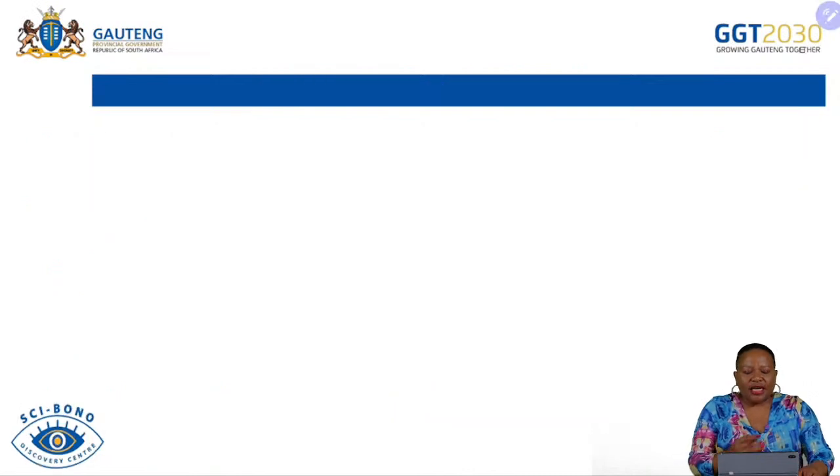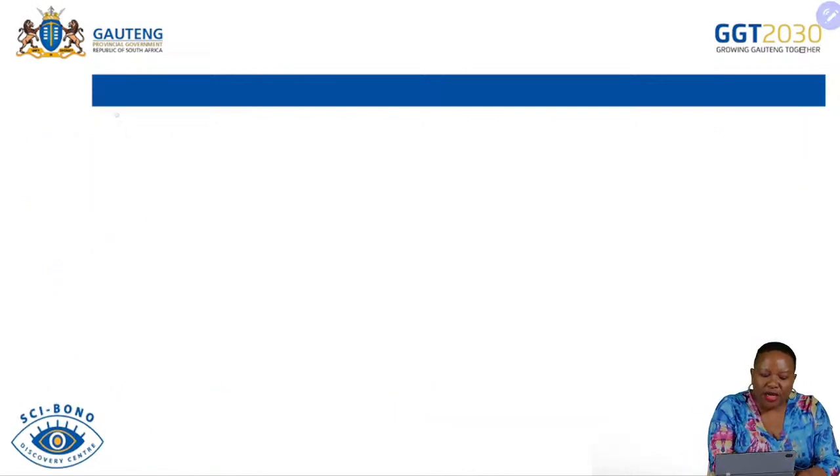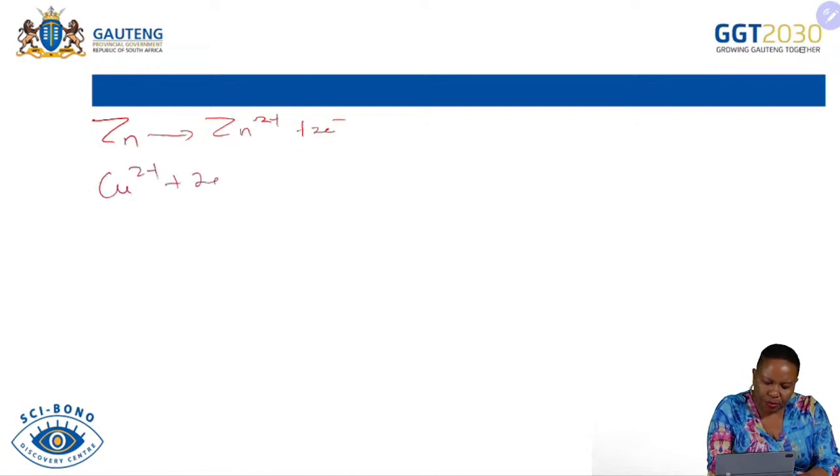So come on, think about it. You will see that the issue is about zinc and copper ions. So as zinc is changing and becoming zinc 2 plus ion plus 2 electrons, those electrons from zinc will be gained by copper 2 plus ion to form copper.